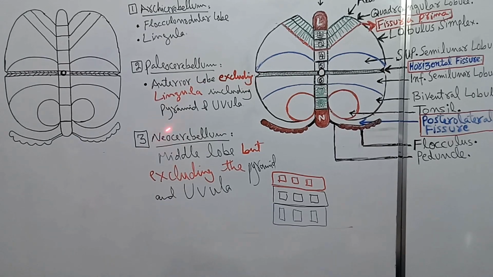And the last lobe is the neocerebellum, comprising the whole middle lobe, but excluding the pyramid and uvula because these are part of the paleocerebellum. In this way, we divide the cerebellum depending upon stages of development into archicerebellum, paleocerebellum, and neocerebellum.